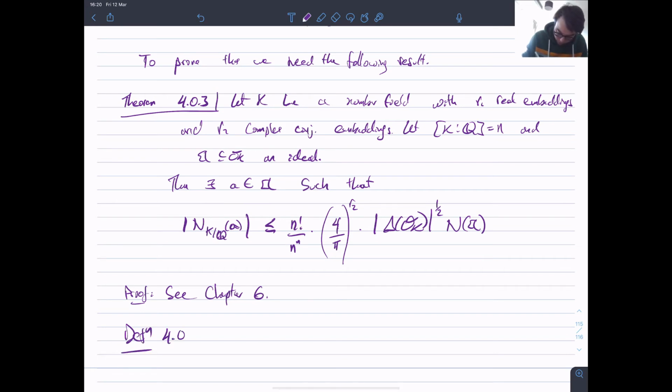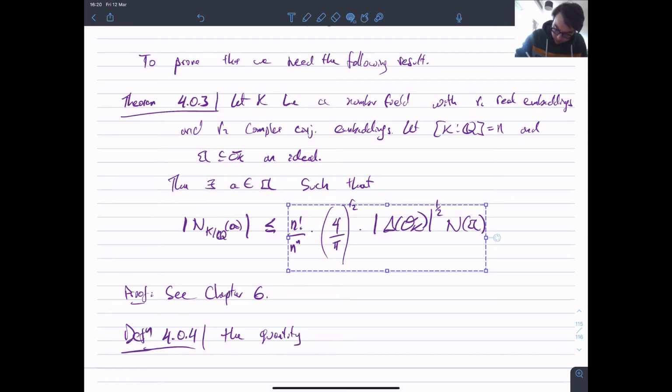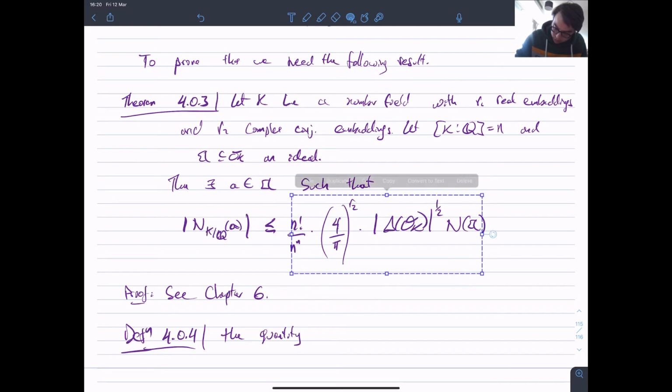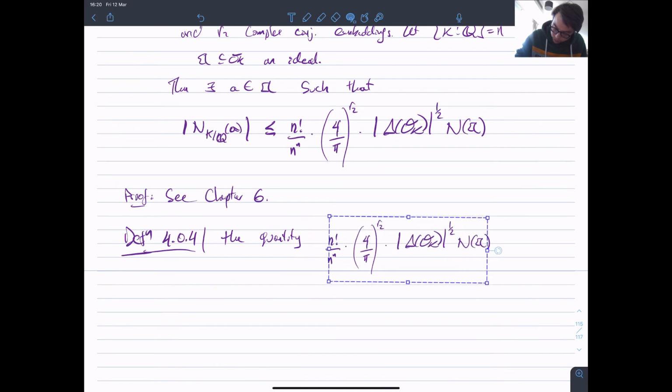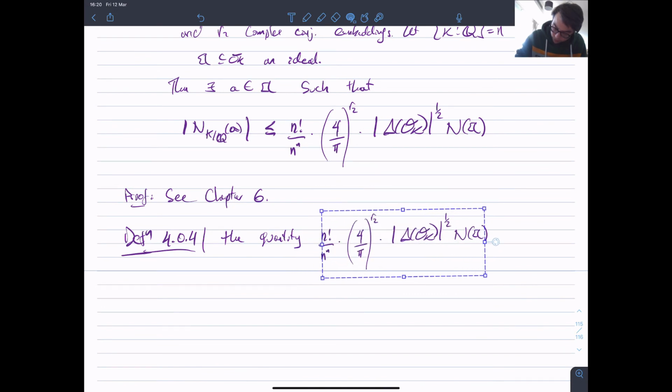But here's something that we're going to give a name to. Definition 4.0.4. Definition not found. The quantity, forgetting the norm, so just the bit that doesn't depend on my ideal. So this depends just on my field. This is another invariant of my field.